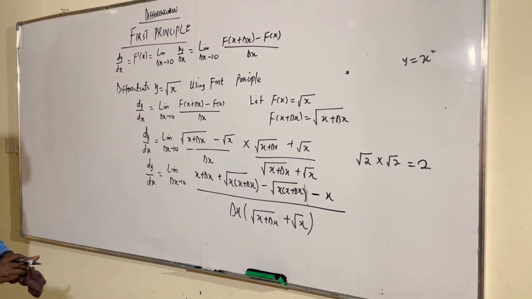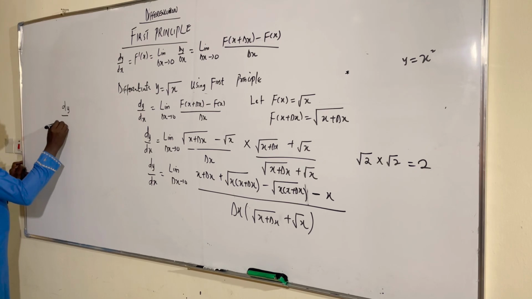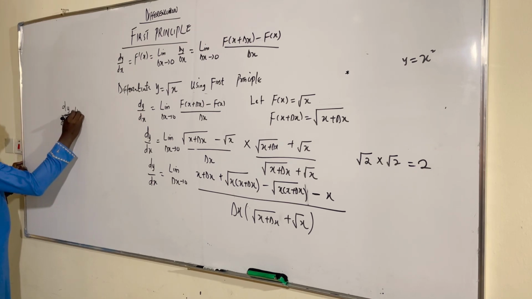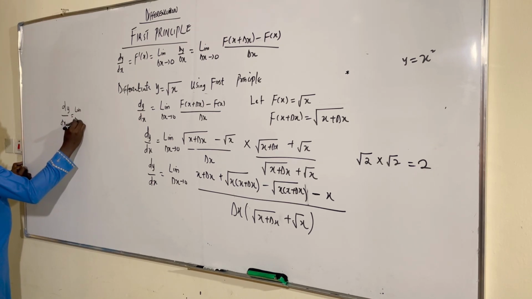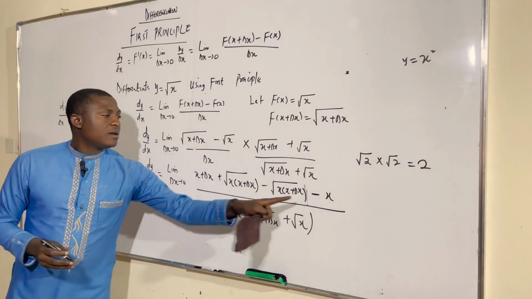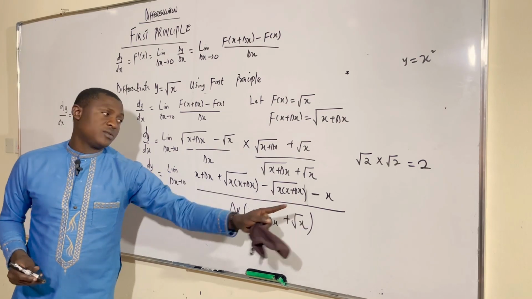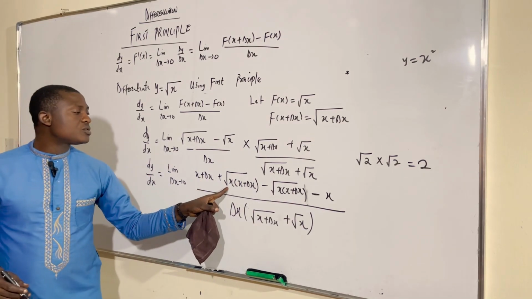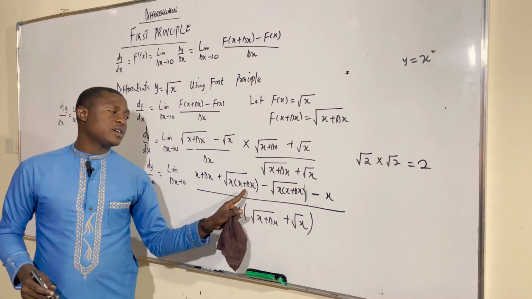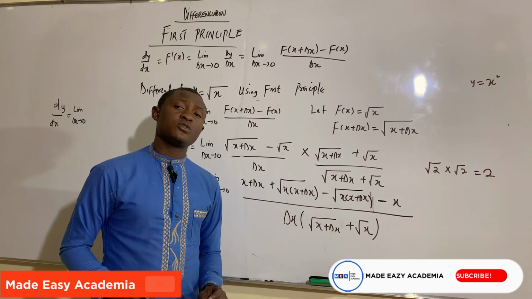Now, so here we can have this one to be change in y over change in x is equal to the limit of change in x to 0. Now if you look at this, x minus x, what are we going to have? We have 0. Then root of x plus change in x minus root of x plus change in x, what are we going to have also?